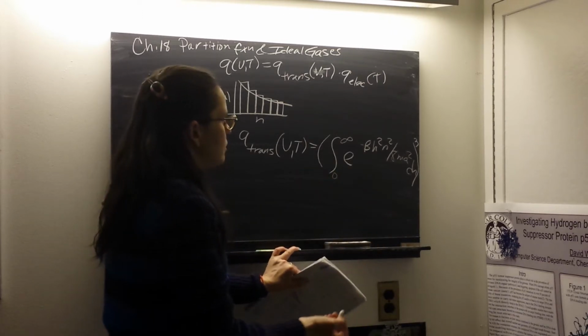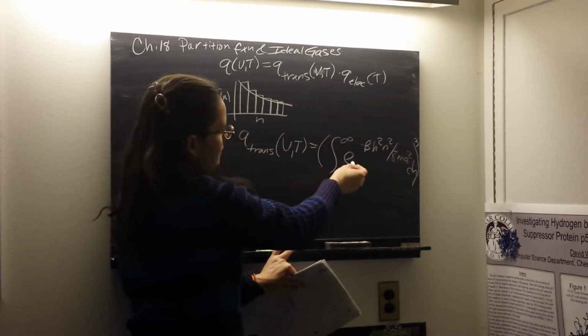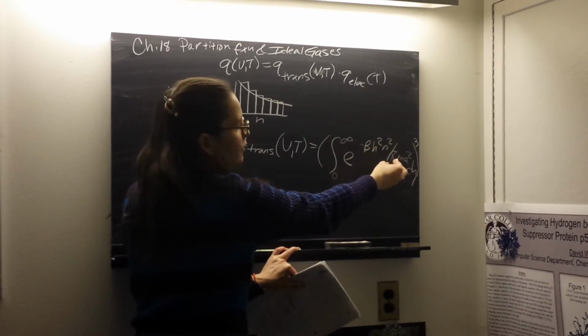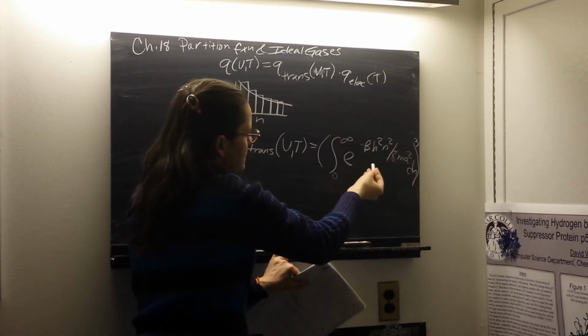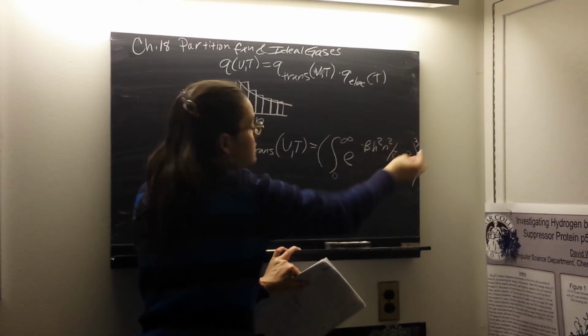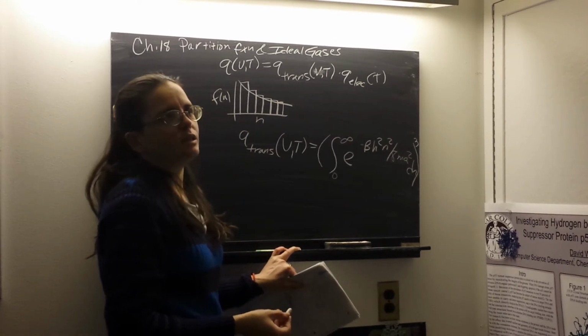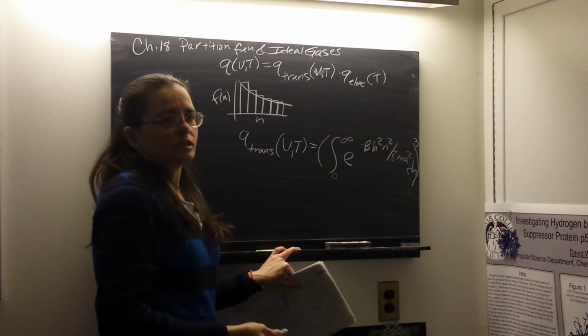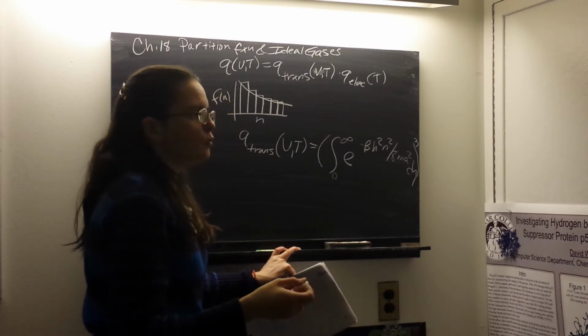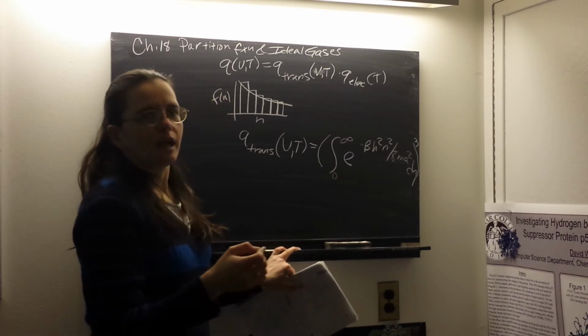Some other things to notice about this equation right here. So we have e to the negative beta h squared n squared over 8ma squared dn. What we notice is that this is raised to the third power. So why is it raised to the third power? This is because we're talking about translations, and translations have equal components in the x, y, and z axis.